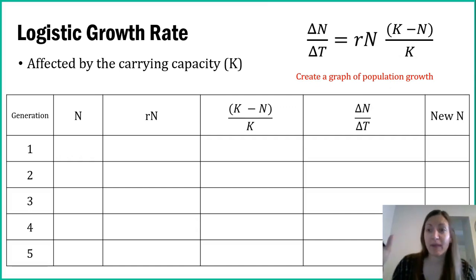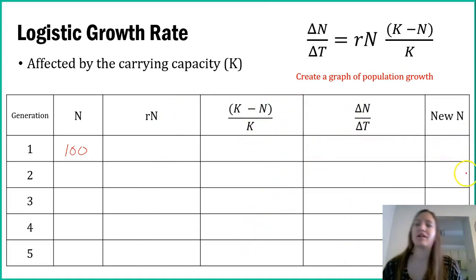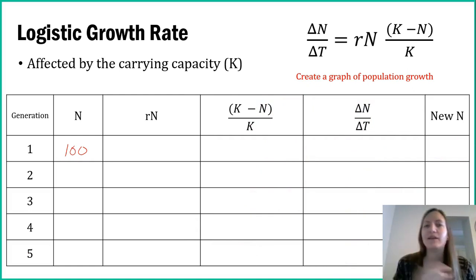I have the reminder up at the top of what the logistic growth equation is. Remember, our problem starts out the same way, where our N is 100. Each of these columns is a different part of the equation. R times N has its own column. (K minus N) over K has its own column. dN over dt has its own column. New N has its own column. Again, you don't need all these. I'm putting them here on purpose.